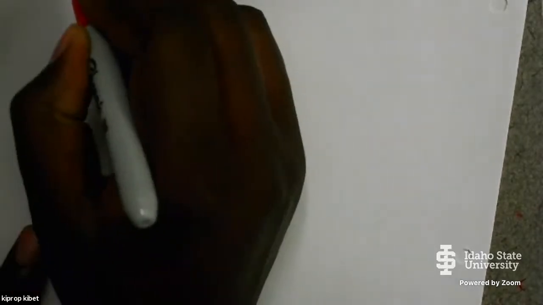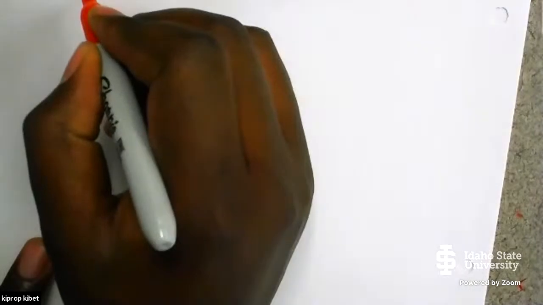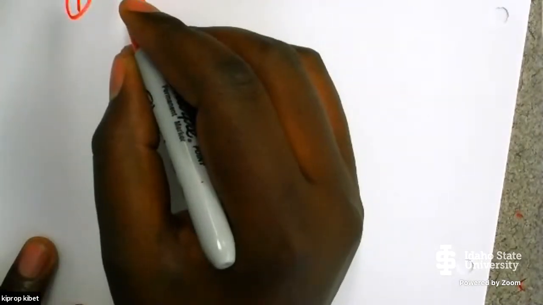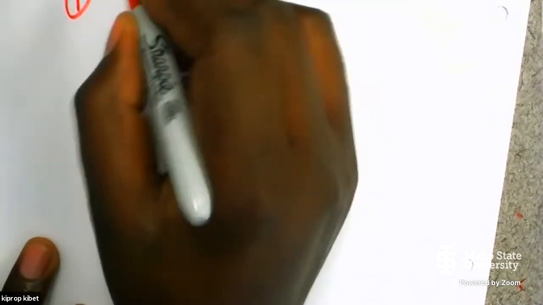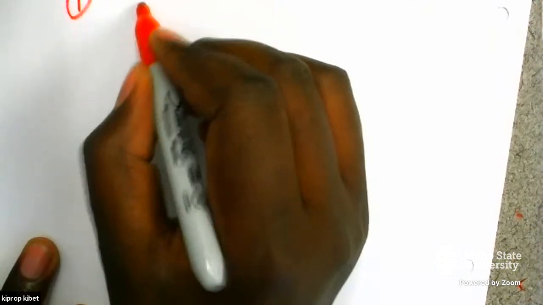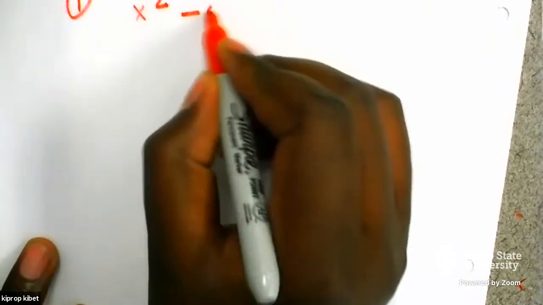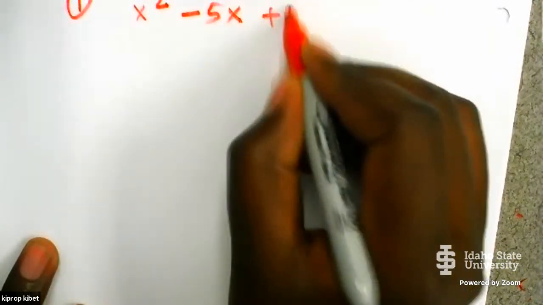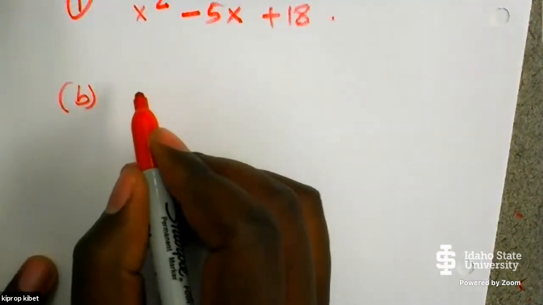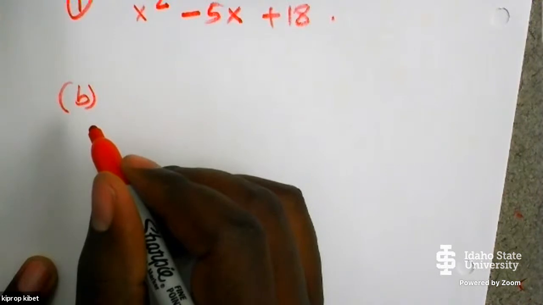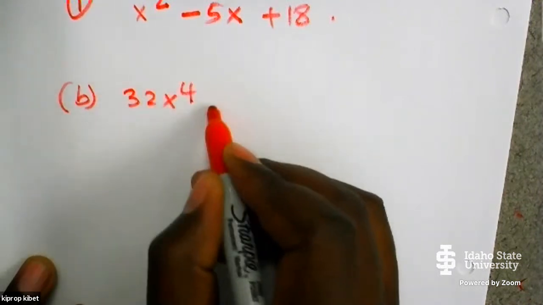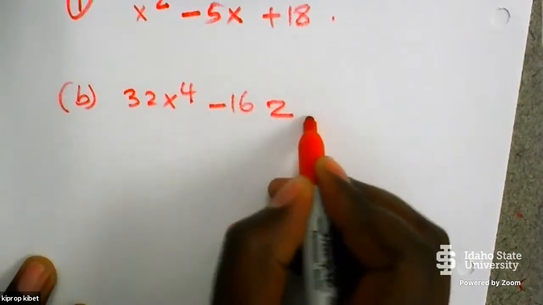Okay, solve this within the next 10 minutes. So number one, factor. Or actually, let me give you a factor: x squared minus 5x plus 18. And then b: 2x raised to 4 minus 162.